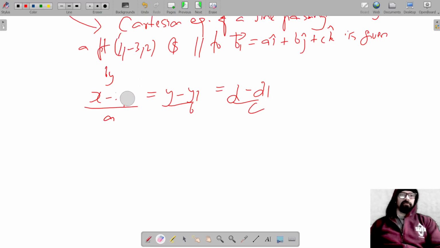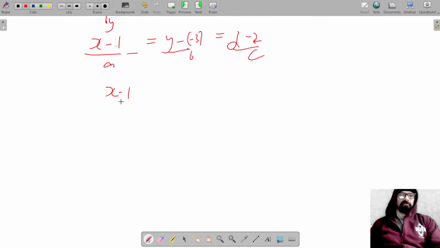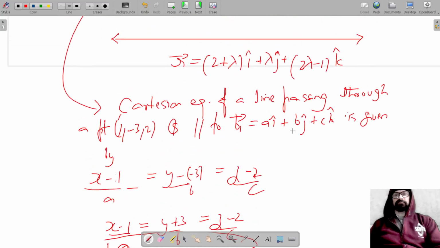So I'm going to replace the values of x1, y1, and z1, which gives me x minus 1, y plus 3, and z minus 2. So our equation is (x minus 1) by a is equal to (y plus 3) by b is equal to (z minus 2) by c. Now we have to get these a, b, and c's.